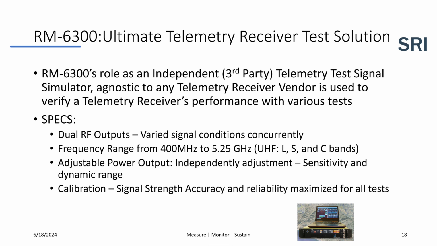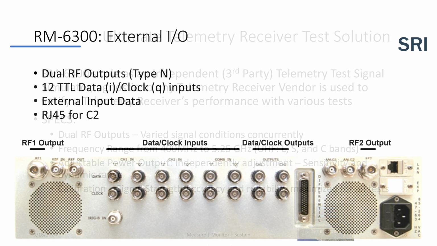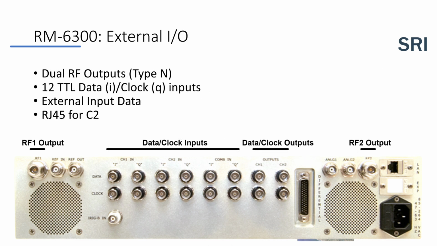Let's go ahead and dig a little bit deeper into how it looks on the back of this unit. So let's look at the back of the RM6300. We mentioned the dual RF outputs for testing, again allowing for the generation of two distinct RF signals across frequencies ranging from 400 megahertz to 5,250 megahertz.